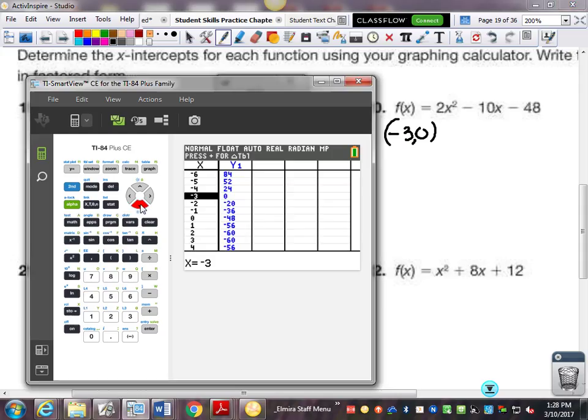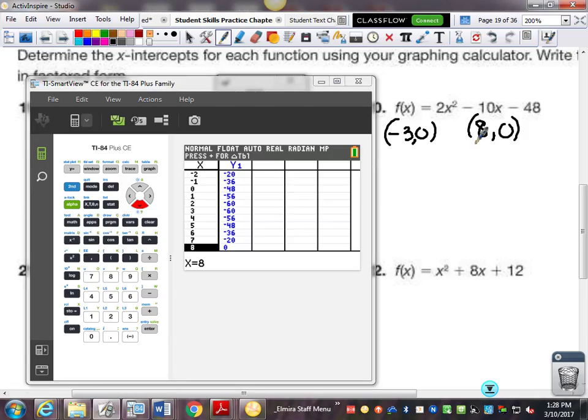And you have to scroll. And 8, 0. Carry down your 2. X plus 3, x minus 8.